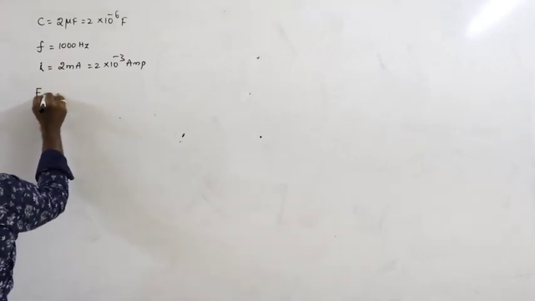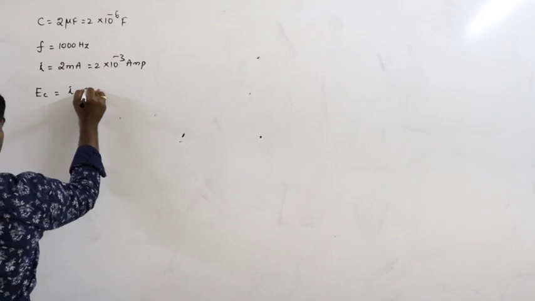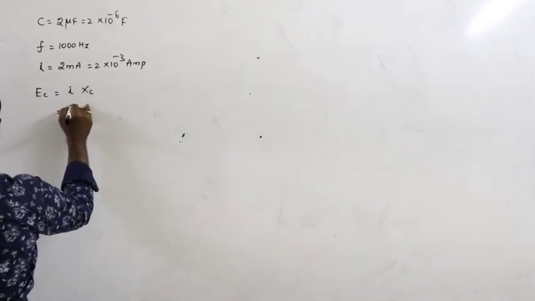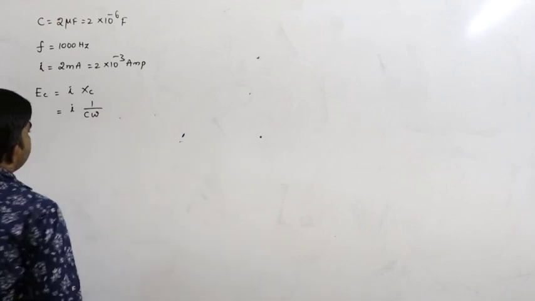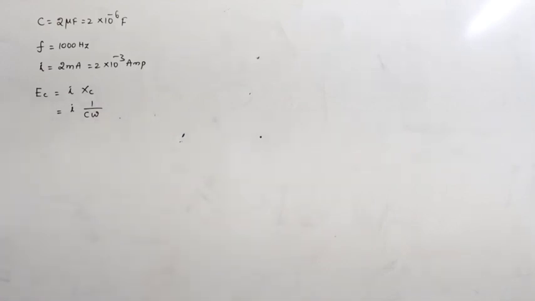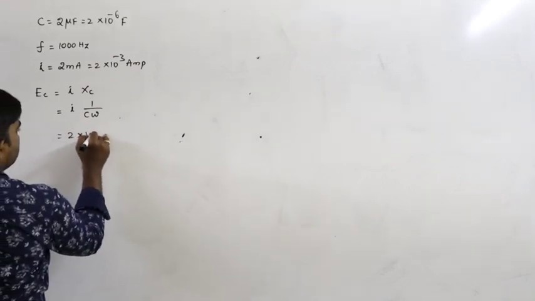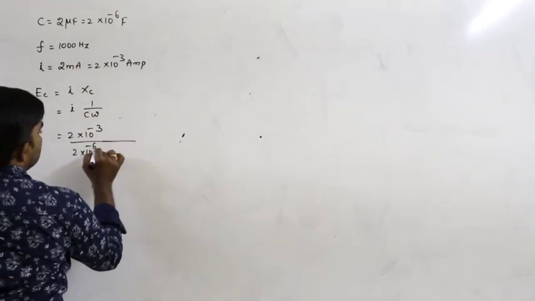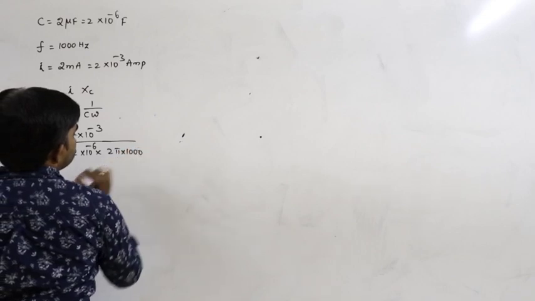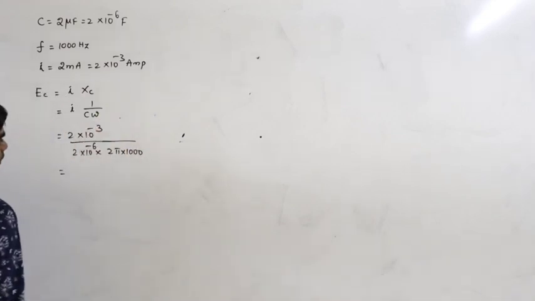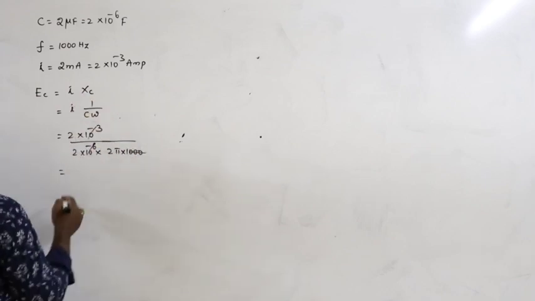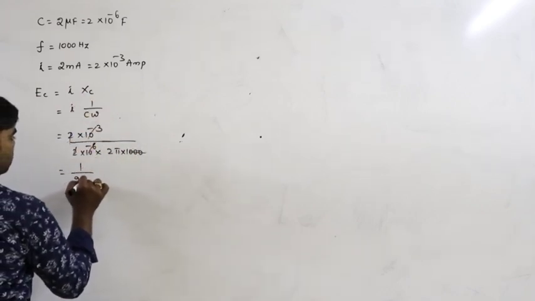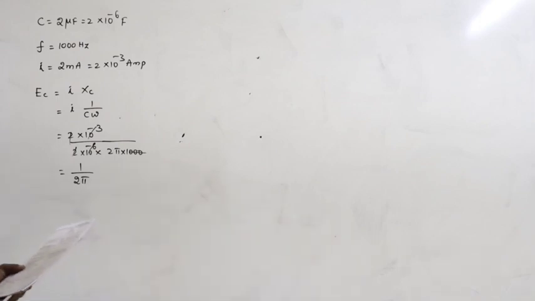So potential can be written as current into capacitive reactance, I into 1 by C omega. That is 2 into 10 to the power of minus 3 divided by C, which is 2 into 10 to the power of minus 6, into 2 pi, F is 1000. 1000 comes to the numerator, 10 power minus 3, these cancel, 2 cancels, 1 by 2 pi.